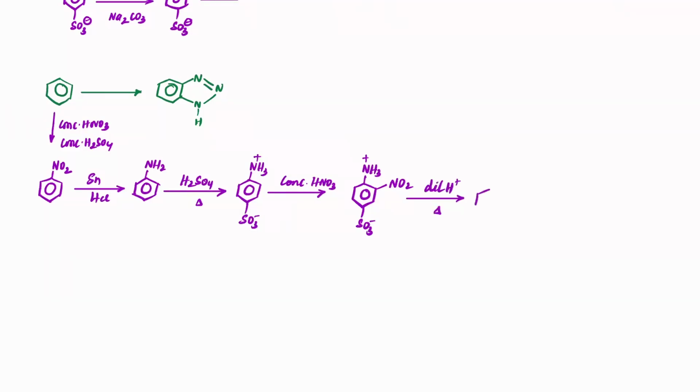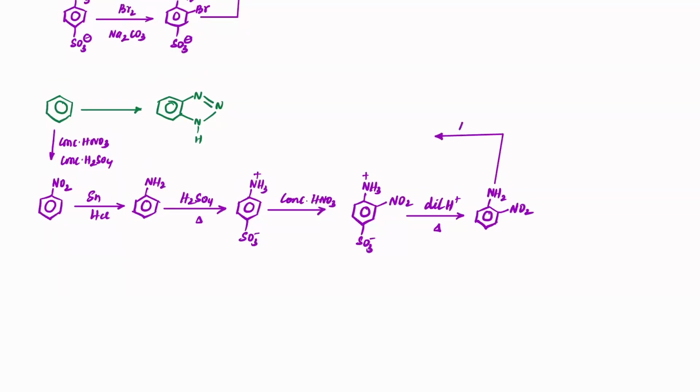We will get NH2 here and NO2 here. Once you get this NH2 and NO2, that's when we can make a reduction with Sn and HCl.